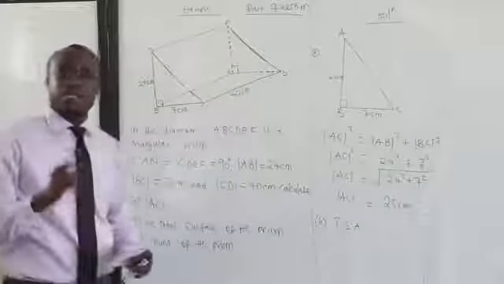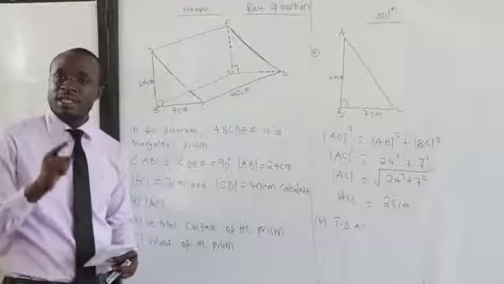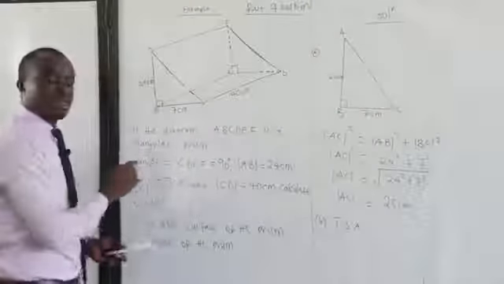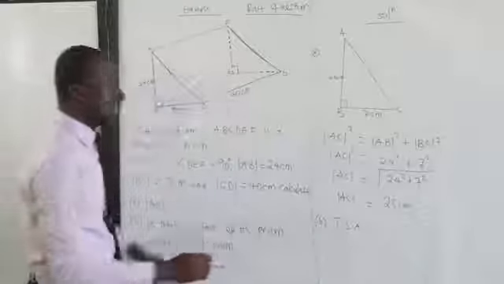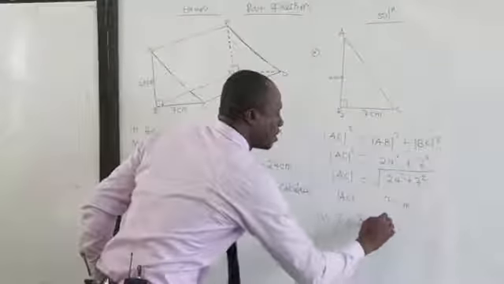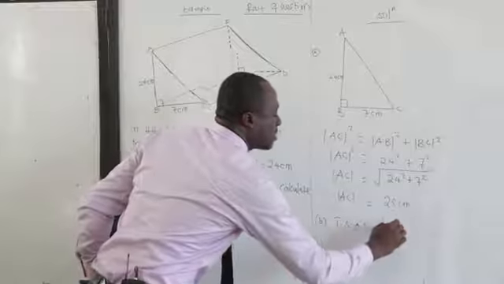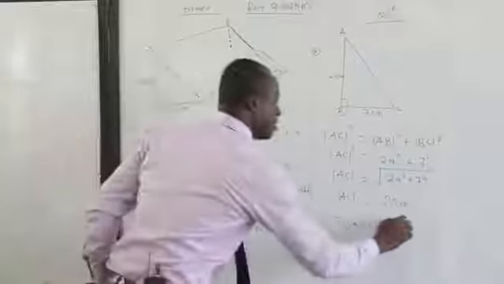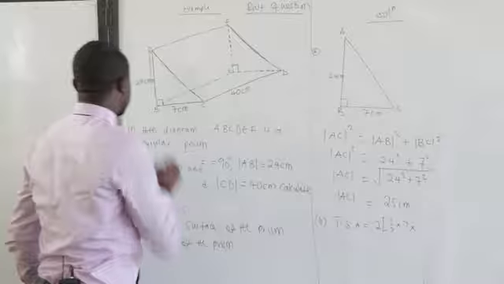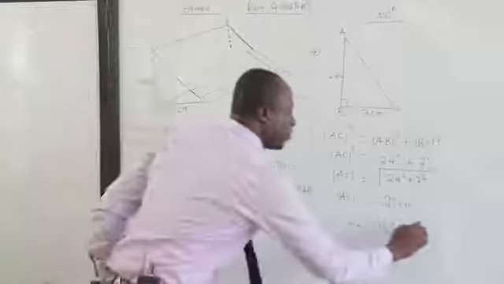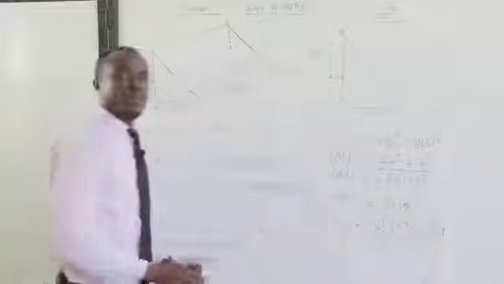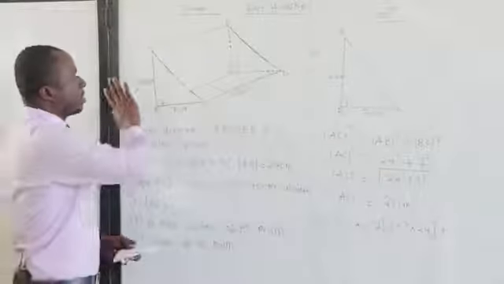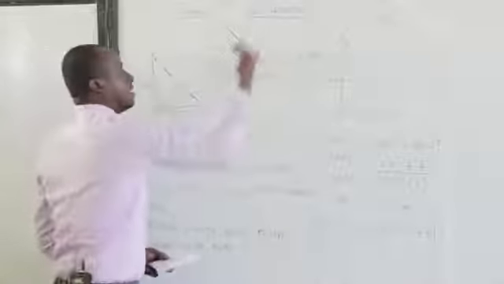Area of a triangle is half times the base times the height. Clearly the base is 7, the height is 24. Because it is this side and that side, I'll bring a factor of 2 outside. Now I have half times my base, that is 7, and then the height of the triangle is 24. We are done with the two triangles.